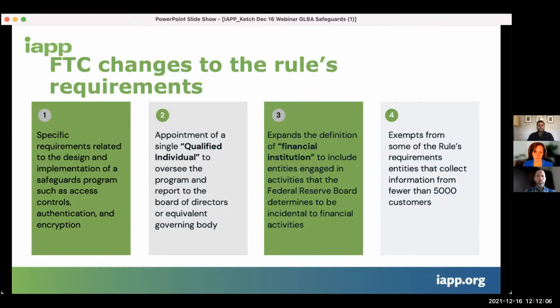So in the second box there, the appointment of a single qualified individual. It's akin to a requirement that a company have a CISO, which was the FTC's original proposal. But in issuing the final rule, the FTC recognized that smaller businesses didn't necessarily need to compete for the same talent as larger, more complex businesses.